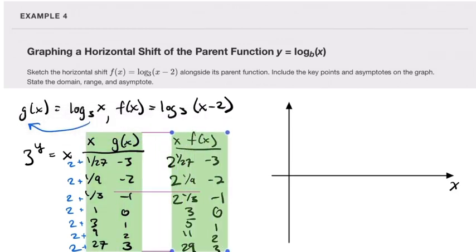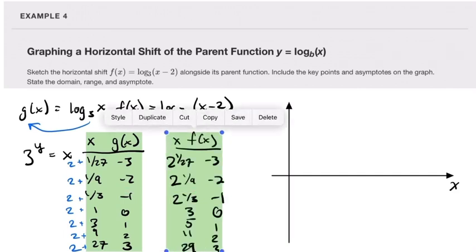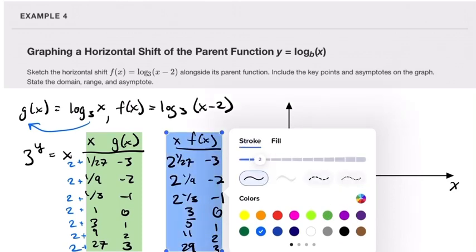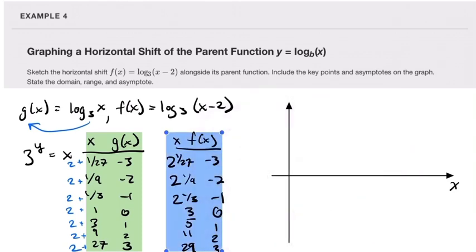And we'll do this one in blue. Okay. So for the parent function, the vertical asymptote should be the y-axis, right?